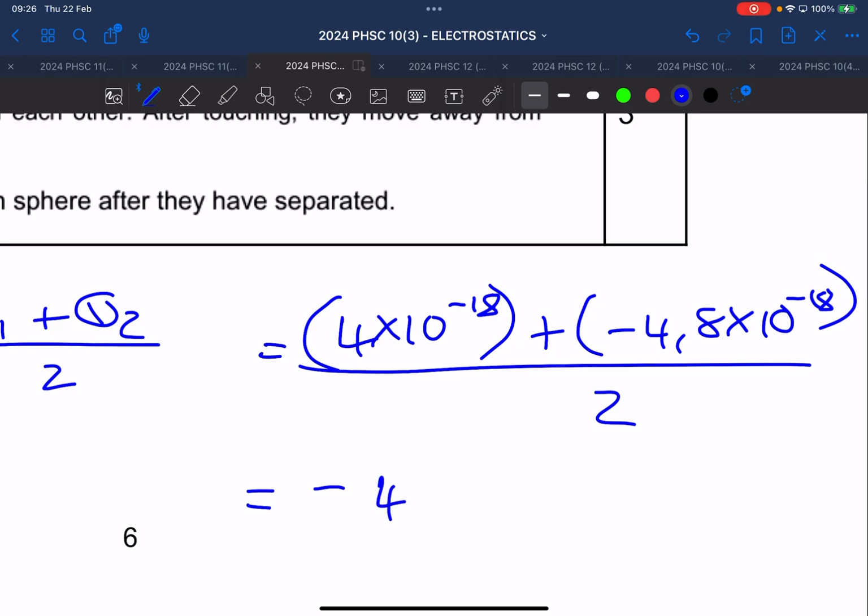Yeah, times 10 to the power. And the unit.